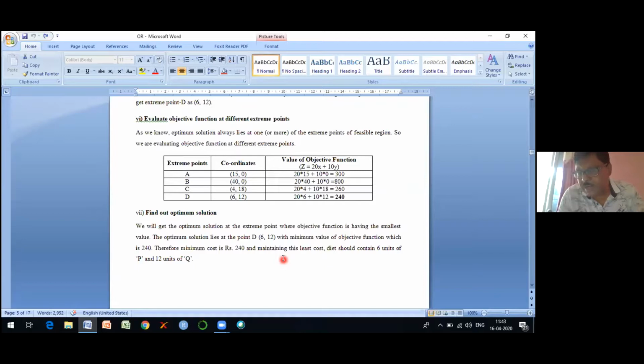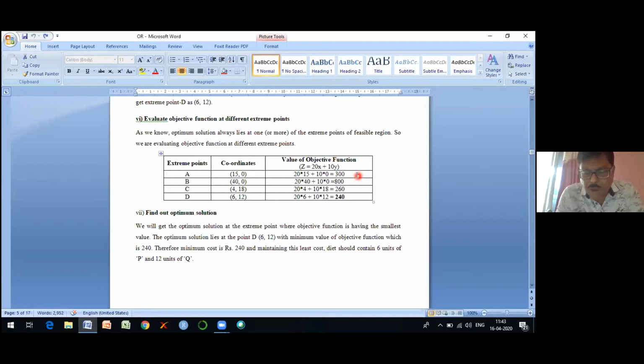If we are considering only two variables, then the graphical method is suitable. It is desirable here because we are considering product P and product Q, two variables, so we can solve it graphically. But when we are dealing with more than two variables, the graphical method is not feasible. We cannot solve the problem using the graphical method.